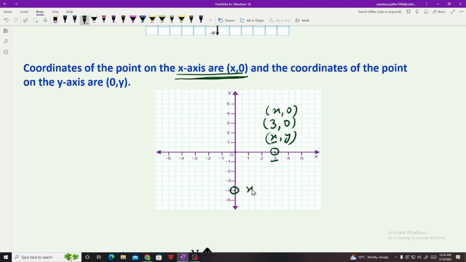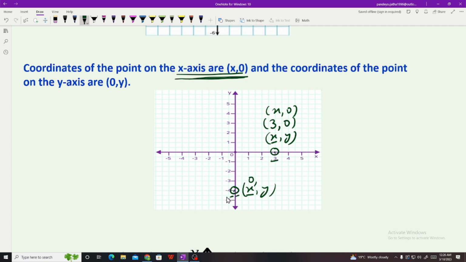In the same way, if I take a point on the y-axis, the x coordinate is the distance of the point from the y-axis. Since the point is on the y-axis, the distance of this point from the y-axis is 0. And the y coordinate is the distance of the point from the x-axis.